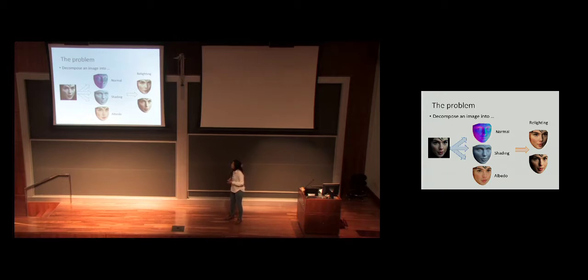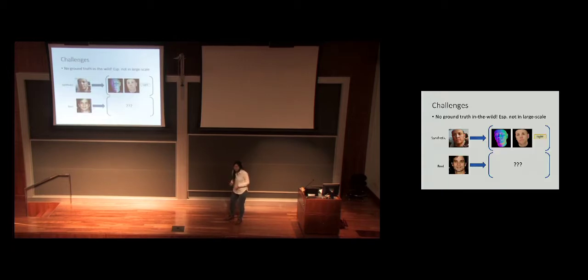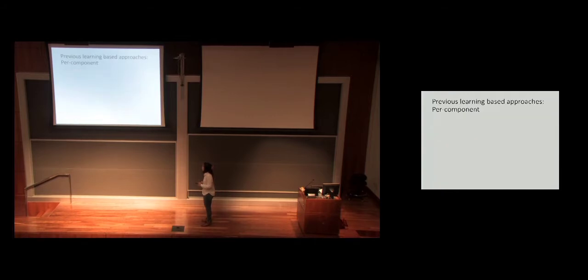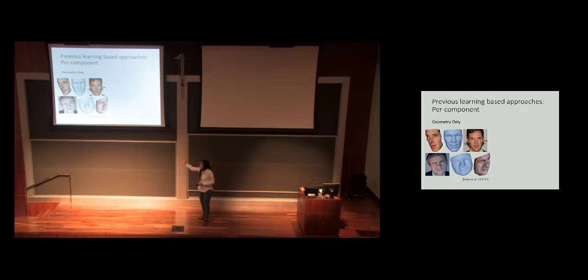Again, this is a challenging problem because there's no ground truth for real images. Maybe you have surface normals from Kinect scans, but not at large scale, so people use synthetic data. Other approaches only solve for one component, like geometry or lighting.